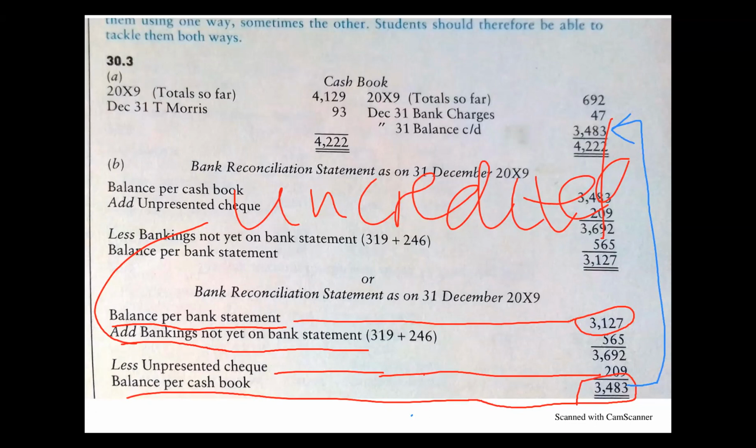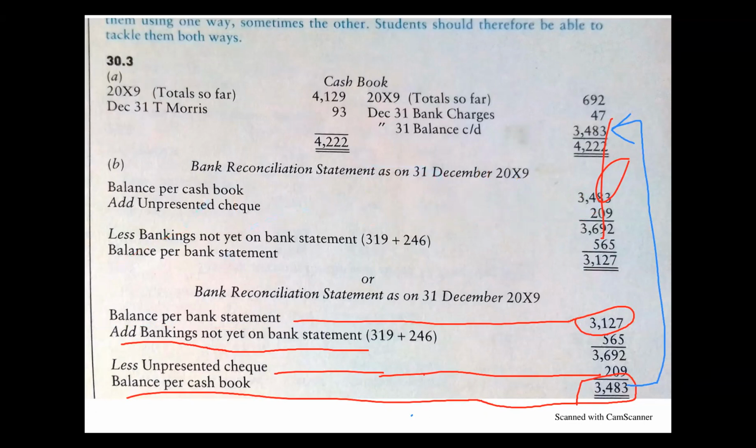But if you decide to start with the balance per cash book, check what is happening. You have to add the unpresented checks. If you start with the balance per bank statement, you add the uncredited checks, then subtract unpresented checks. But if you start with the balance per cash book, you add the unpresented checks and subtract the uncredited checks.